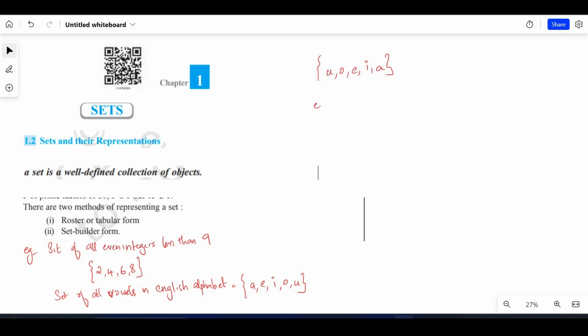For example, say the set of letters forming the word mathematics.